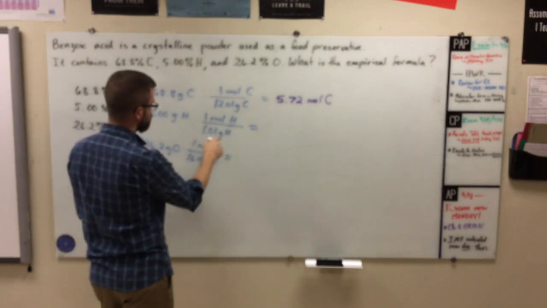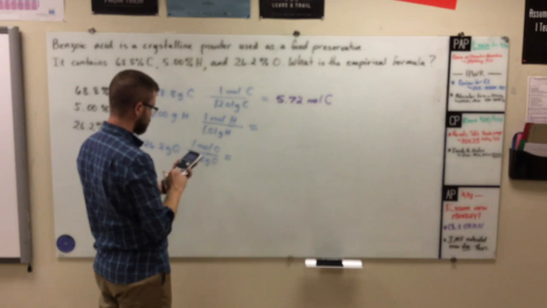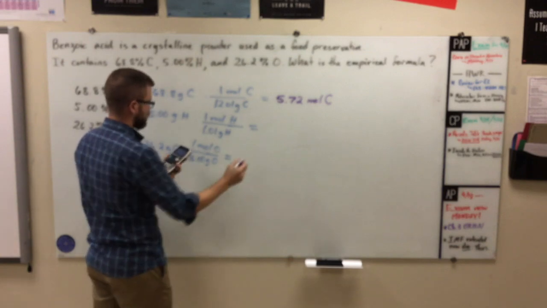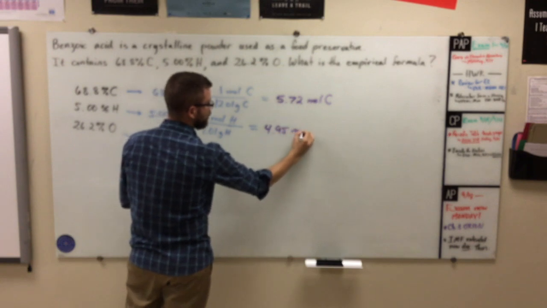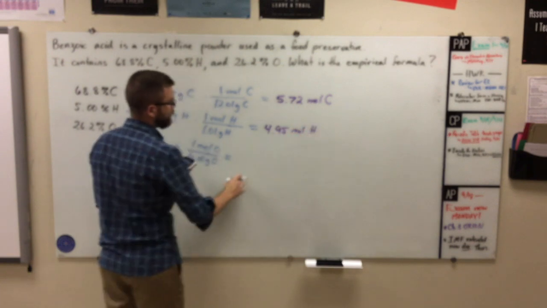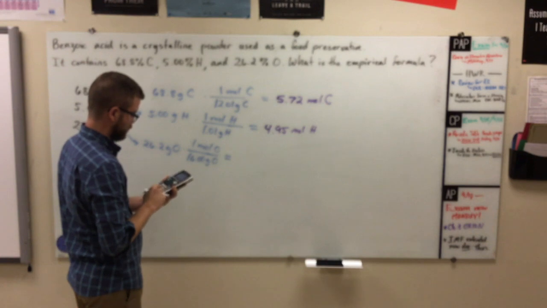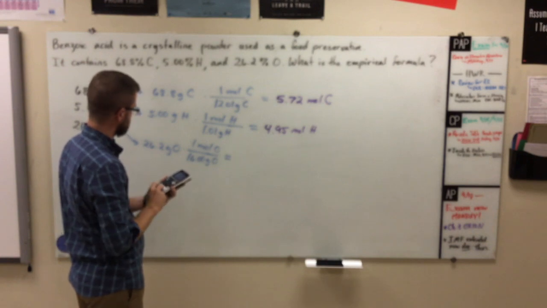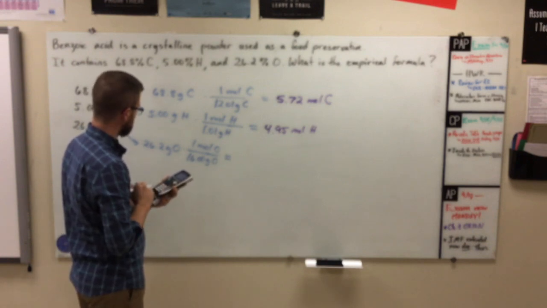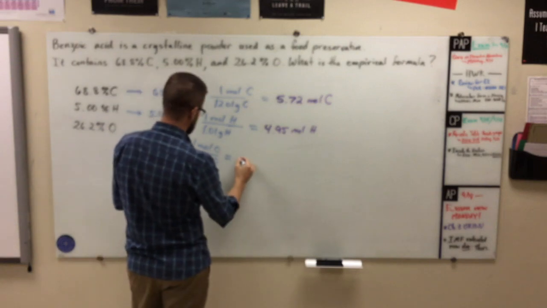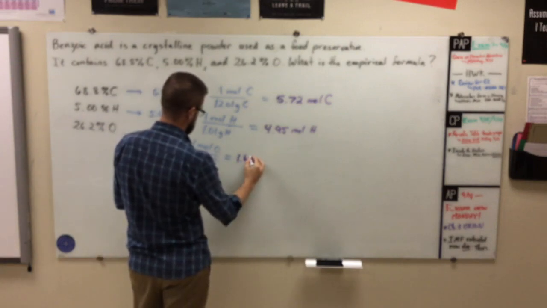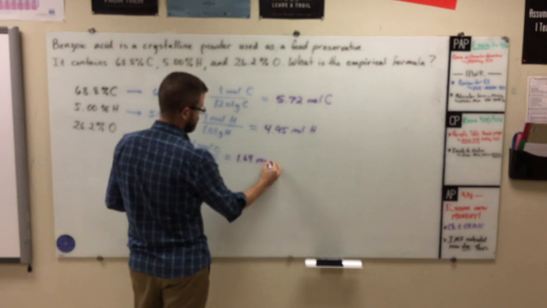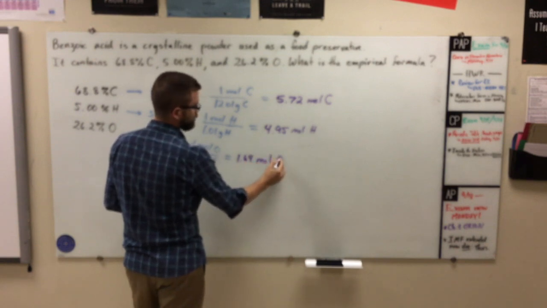And then for hydrogen, it's going to be pretty close to 5, so it's 4.95 moles of hydrogen. Last but certainly not least, we have oxygen. 26.2 divided by 16, and that's going to be 1.64 moles of oxygen.